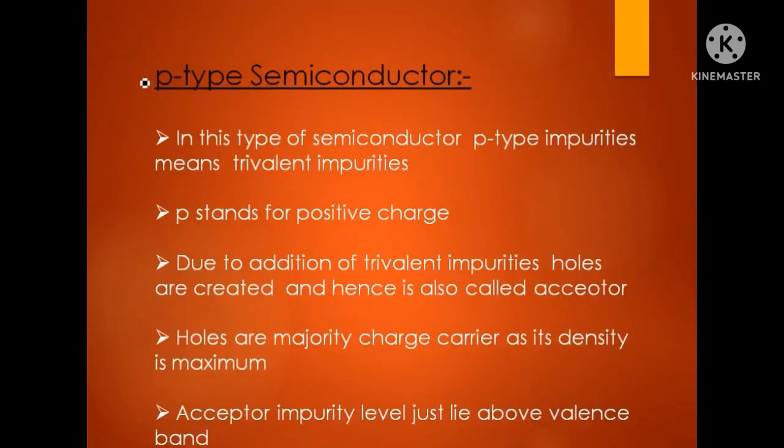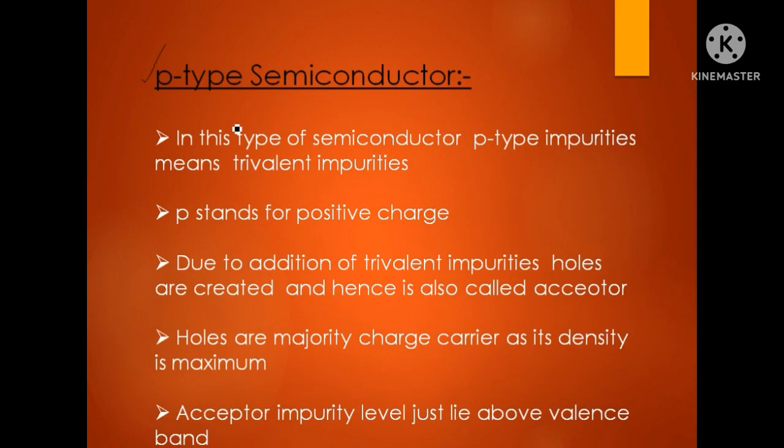Let's discuss the first variety of extrinsic semiconductor, that is the p-type semiconductor. In this type of semiconductor, p-type impurities are added. What are the p-type impurities? They are the trivalent atoms, such as boron and aluminum. In this p-type semiconductor, p stands for positive charge. Why positive charge?